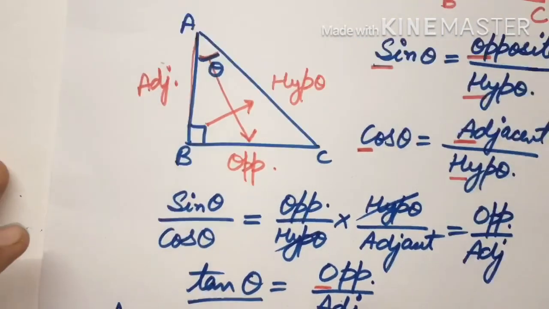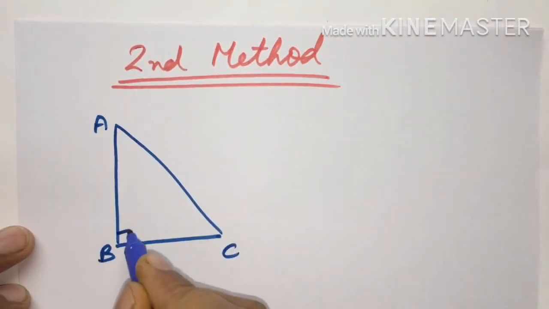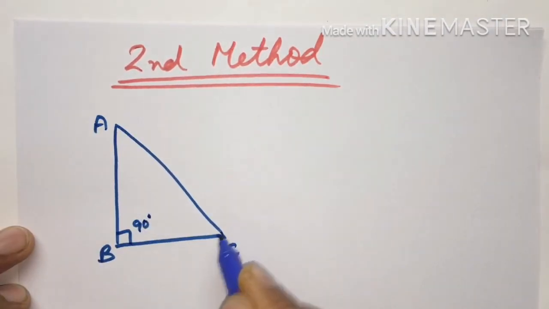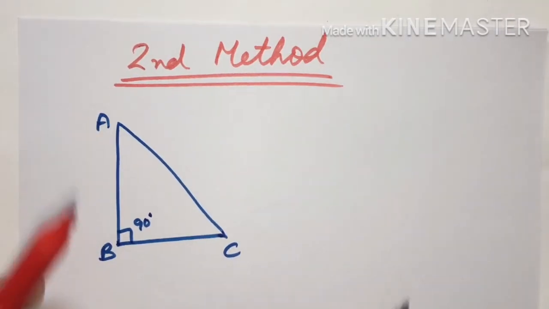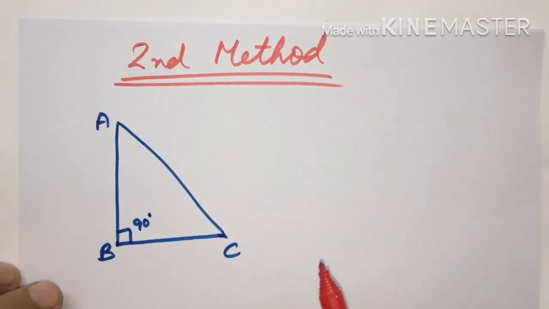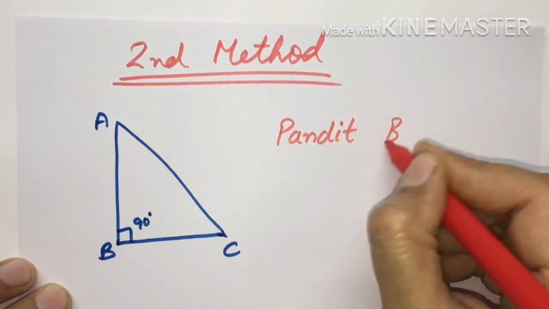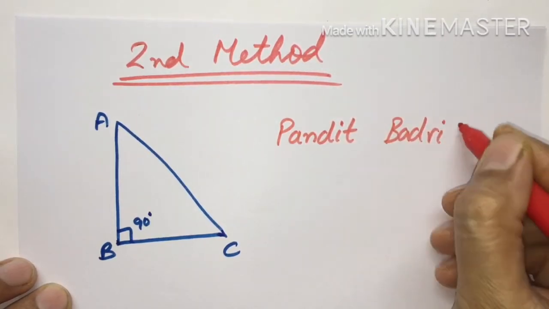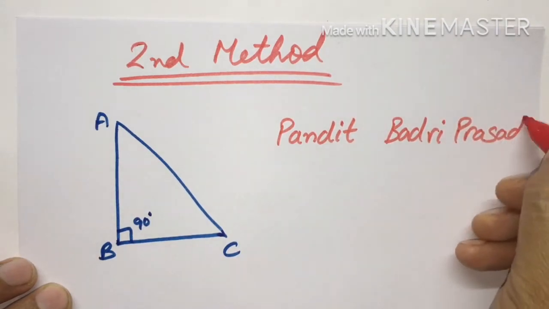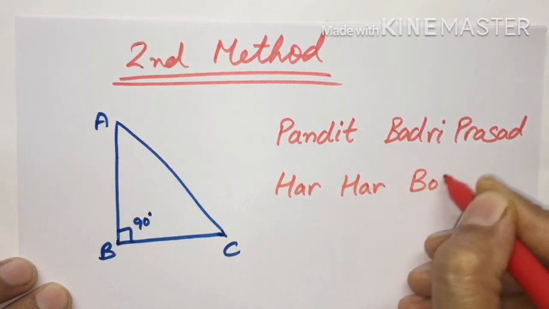Now we will discuss the second method. The second method is very easy and very time saving. So if I make a triangle ABC with 90 degrees, how can we find the trigonometric ratios in the second method? You have to learn this line: Pandit Badri Prasad Har Har Bole.